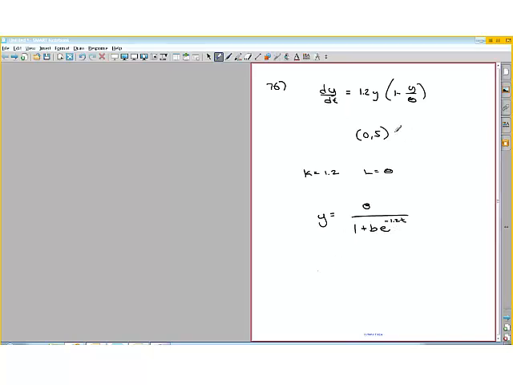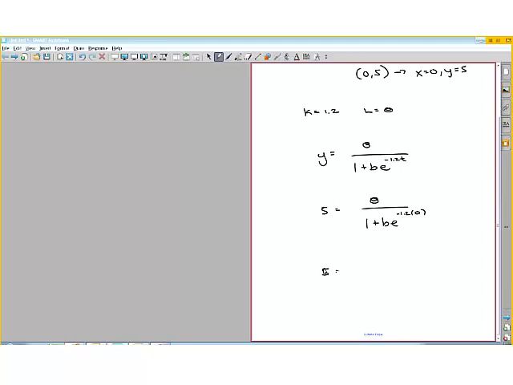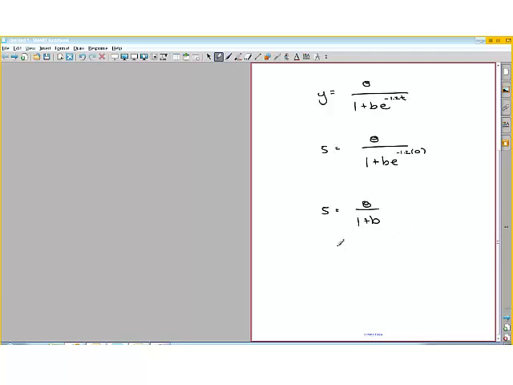So what this means is when t equals 0, y equals 5. So we plug it in: 5 is equal to 8 divided by 1 plus b times e to the minus 1.2 times 0. Of course, e to the 0 is 1, so this just becomes 5 equals 8 divided by 1 plus b. So we need to solve for b.